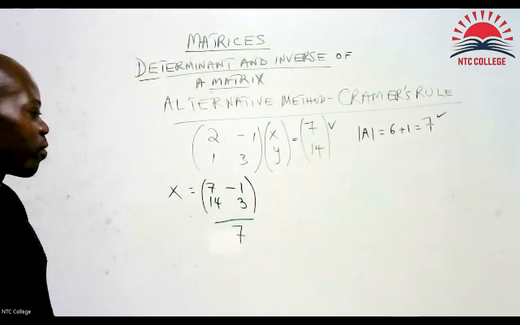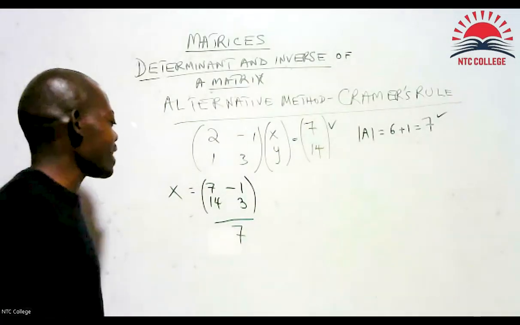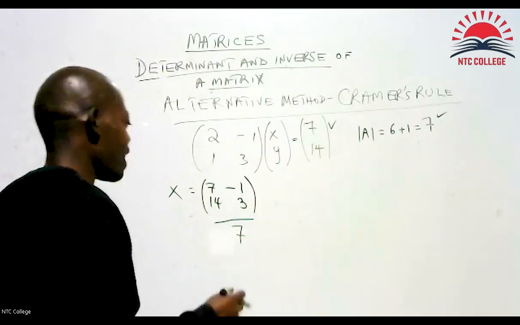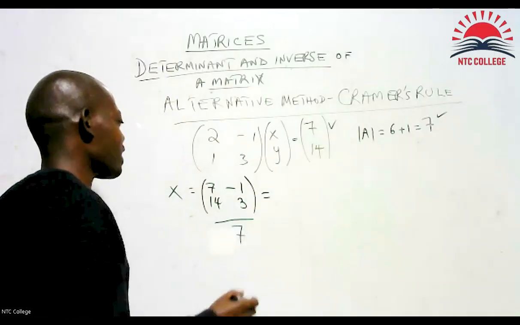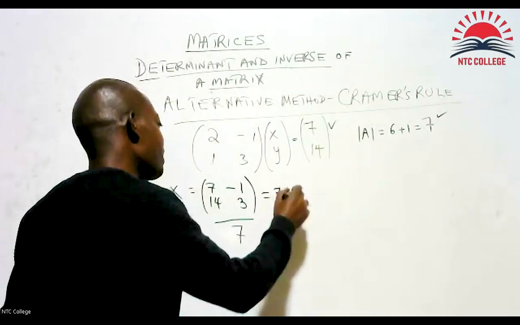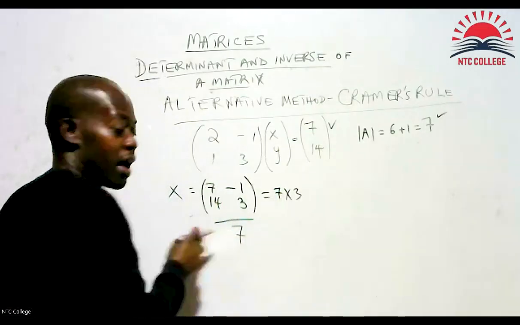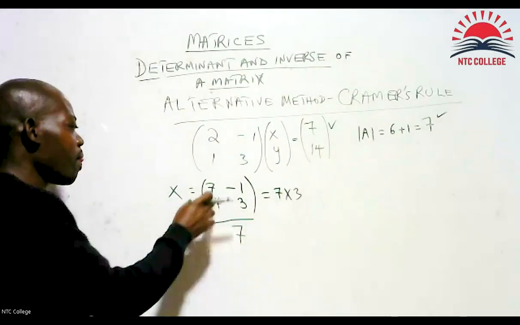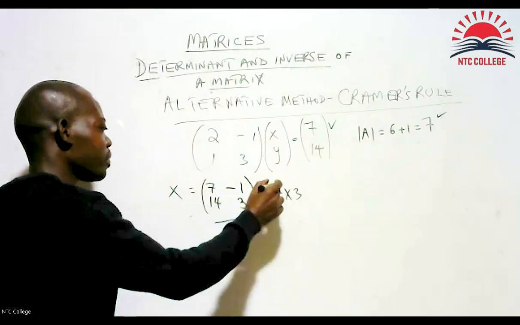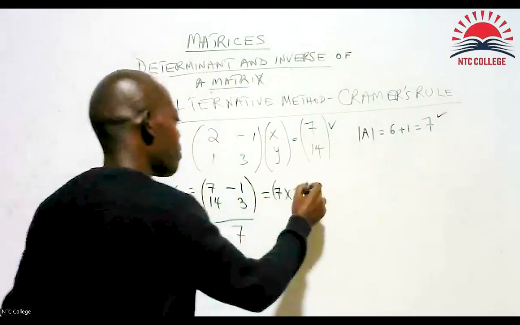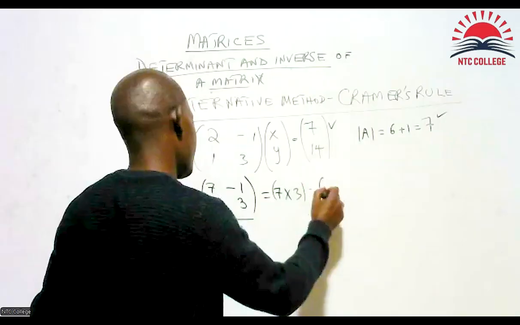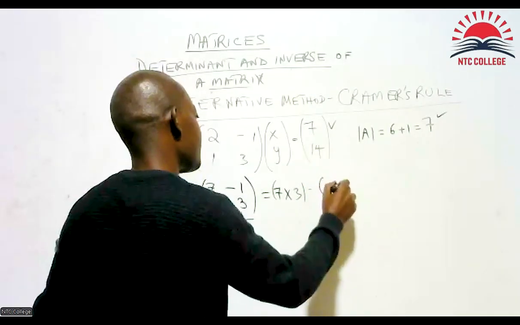So now what we have, very interesting, is that this one will give us 7 times 3, just the normal way we are working the matrices, 7 times 3 minus the bracket of 14 times -1.